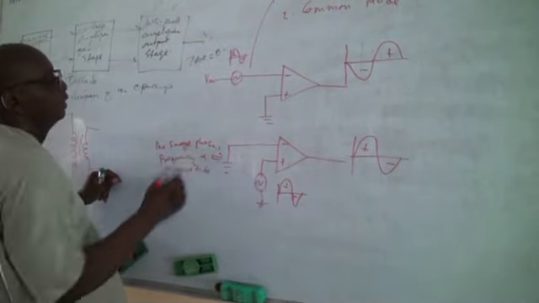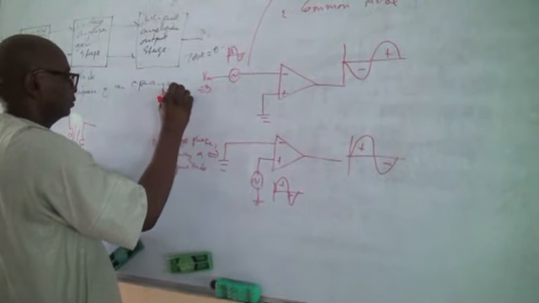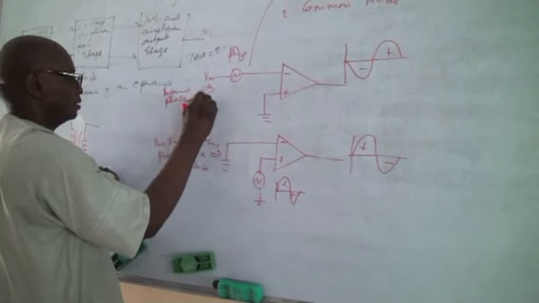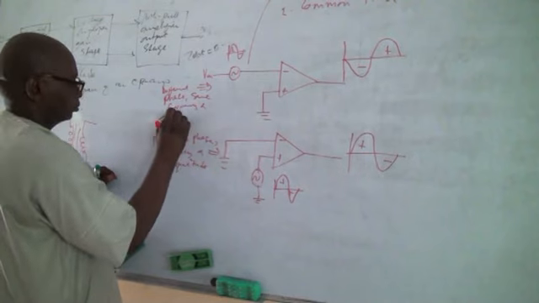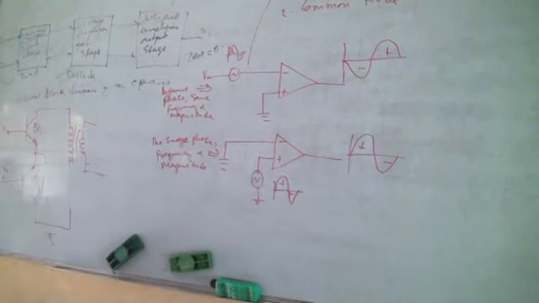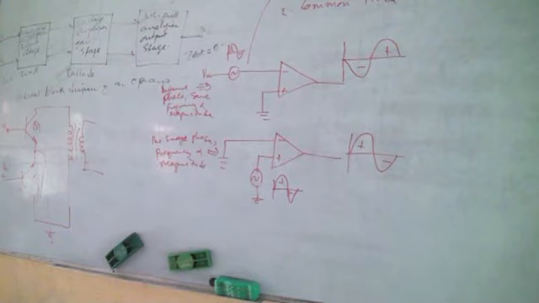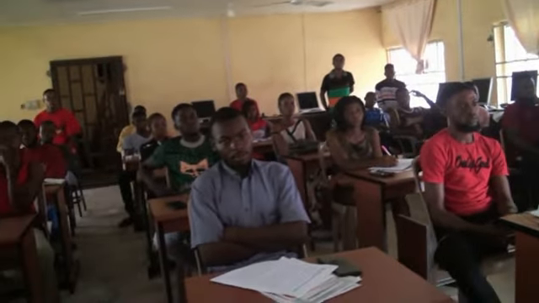For this one, we have a different phase, same frequency, and then the same magnitude. This is the difference that exists between the two. If the phase is the same for the non-inverting, but for the inverting, the phase is not the same because it has turned upside down. Okay?